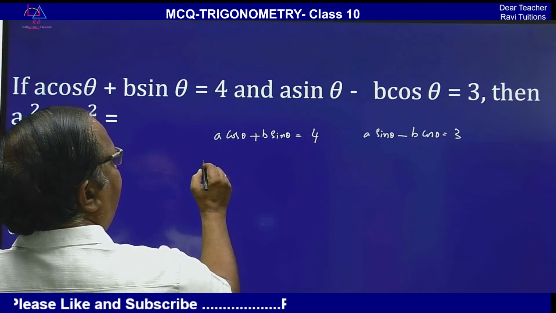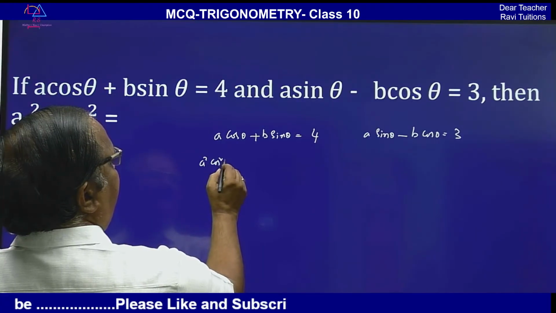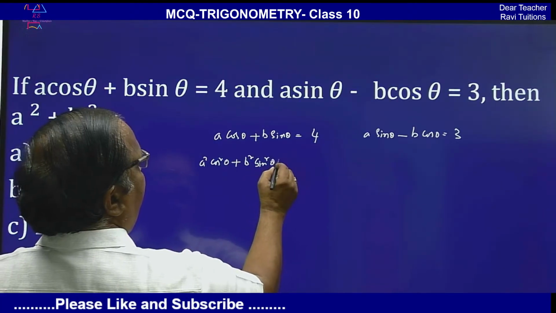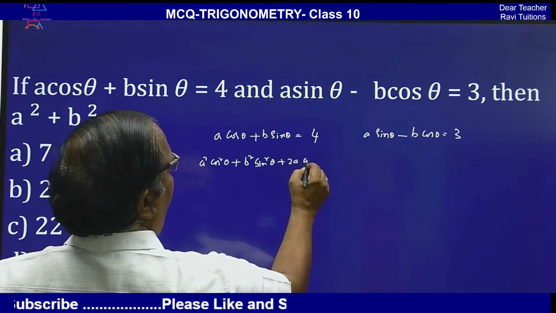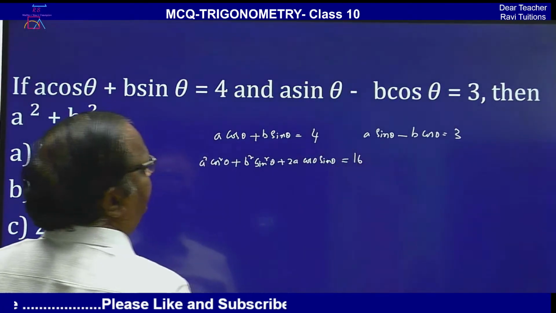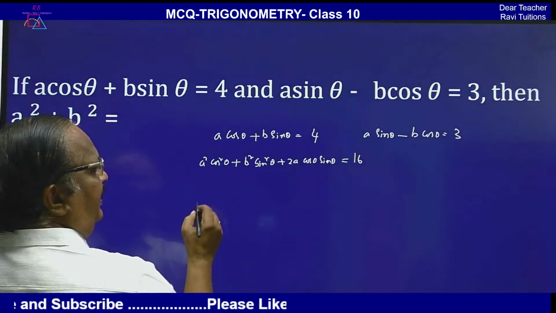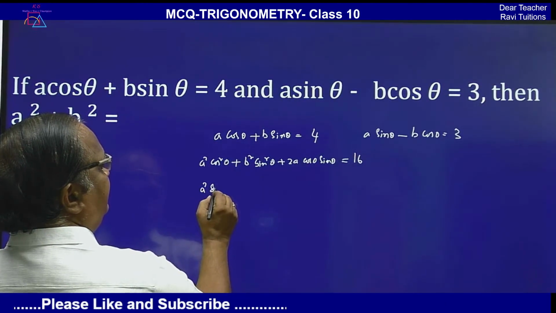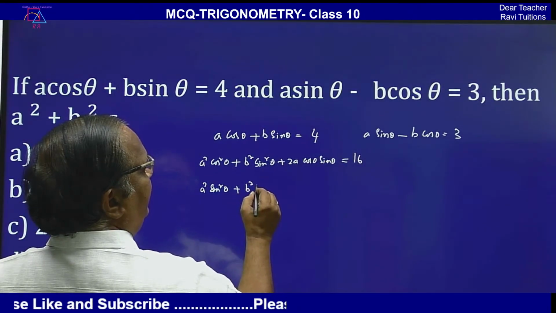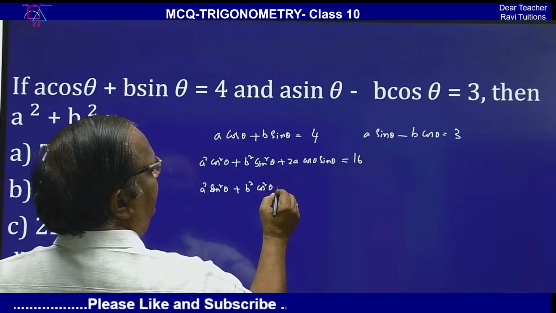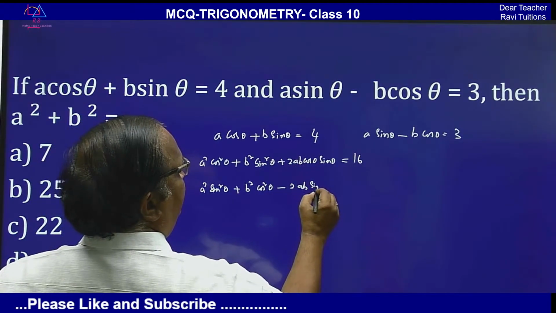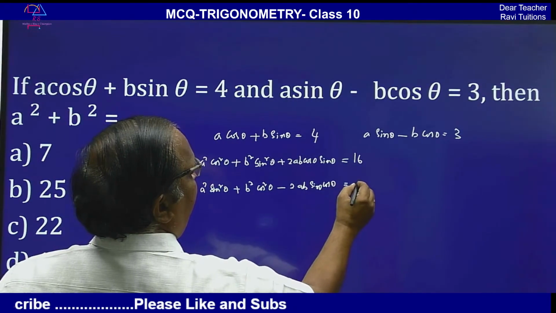Square on both sides. A square cos square theta plus b square sin square theta plus 2ab cos theta sin theta is equal to 16. You square that and write here a square sin square theta plus b square cos square theta minus 2ab sin theta cos theta is equal to 9.